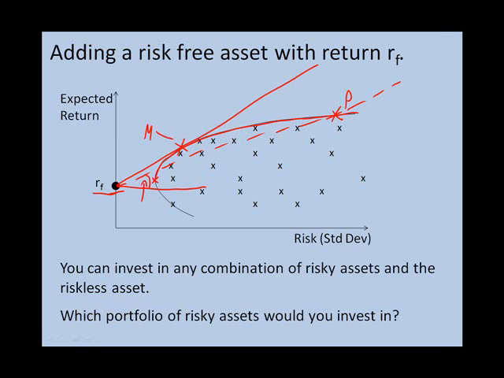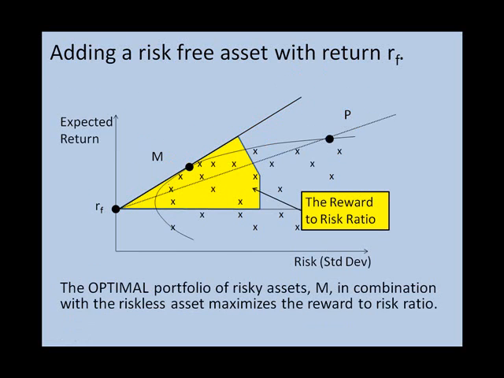And we'll label this portfolio M. If we invest in a combination of T-bills and portfolio M, we are going to maximize our expected utility, because for every unit of risk we take, we get the highest expected return possible. This is really neat. Markowitz showed that all investors, regardless of their risk aversion, would calculate the same optimal portfolio, because that optimal portfolio maximizes the reward to risk ratio that you can see in this diagram.